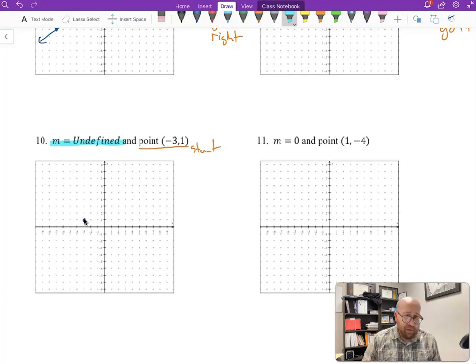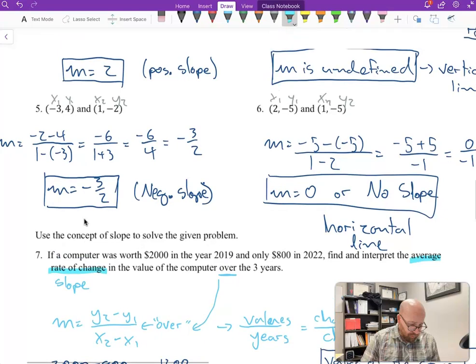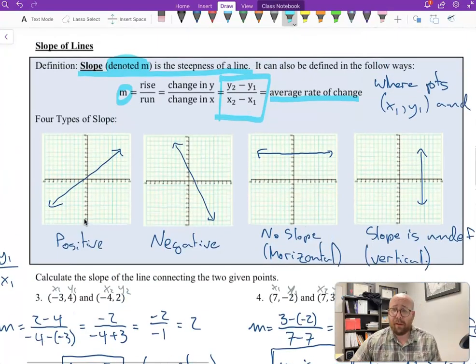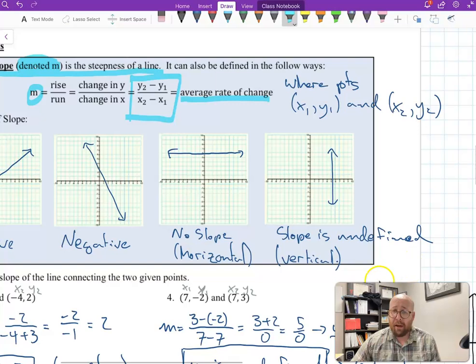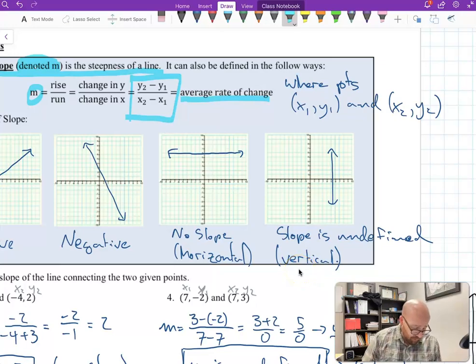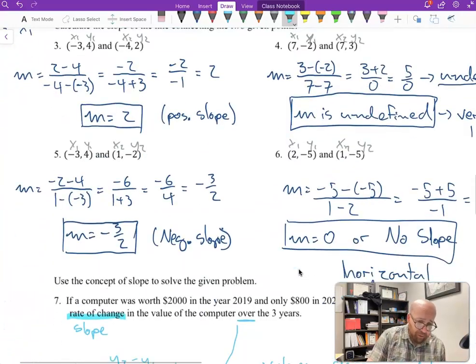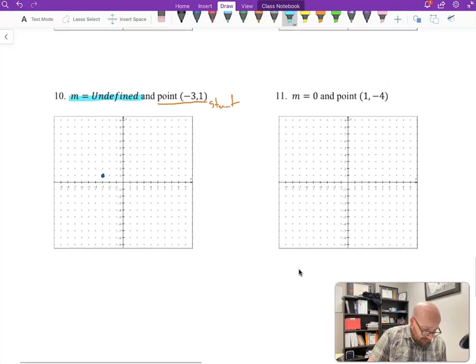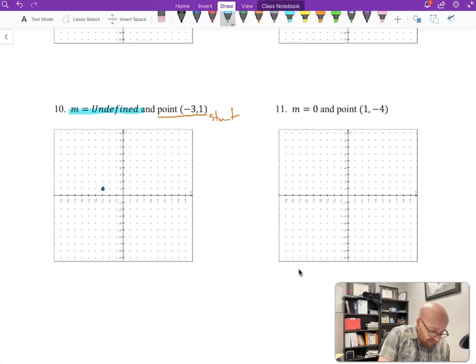We'll go back to our previous notes. We talked about the types of slopes up here. And we said that if the slope is undefined, you have a vertical line. So back to problem number 10. m is undefined means that we have a vertical line.